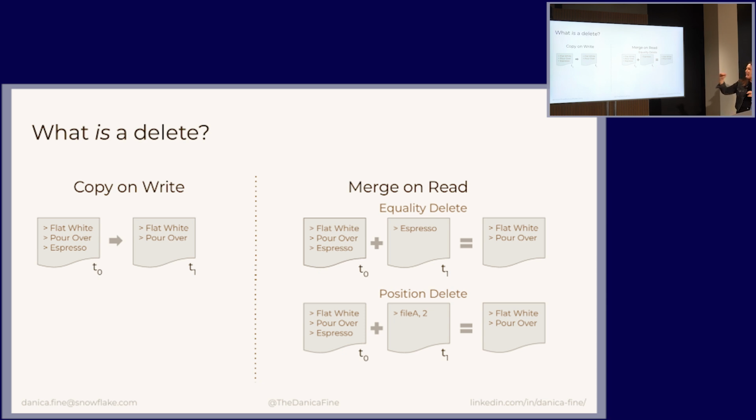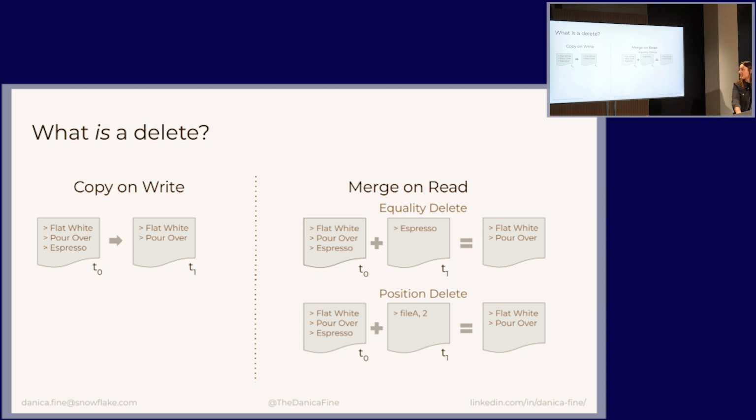In this case, the equality delete could potentially apply across multiple data files, and it basically says, after time t1, if we see any records from before that timestamp that meet this equality match, like it has that element in it, espresso in this case, then we're going to ignore it. When do we ignore it? On read. So this puts the onus of deletion on the actual reading engine.